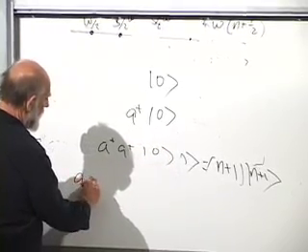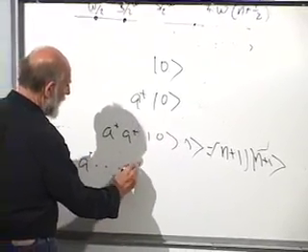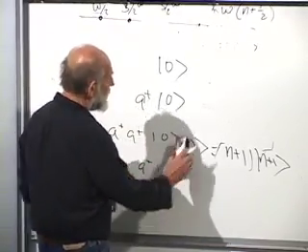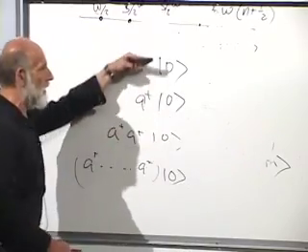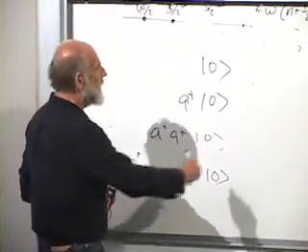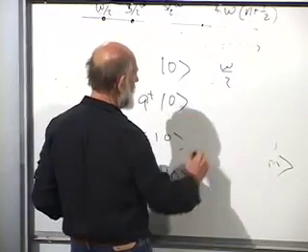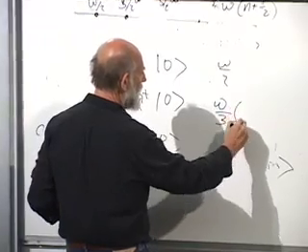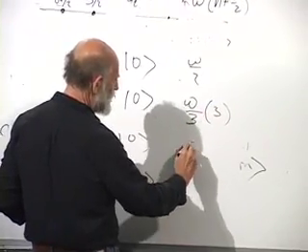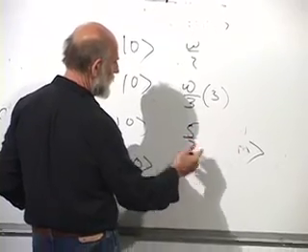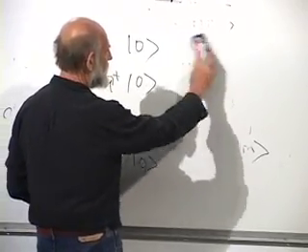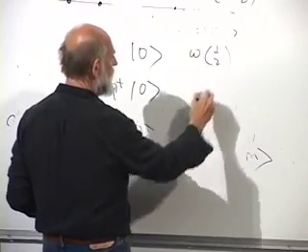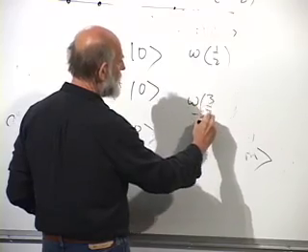Multiply it any number of times by A plus. And what you make is the sequence of energy levels, omega over 2, 3 times omega over 2, 5 times omega over 2, and so forth. You know what I mean. Omega times 1/2, omega times 3/2, and so forth.